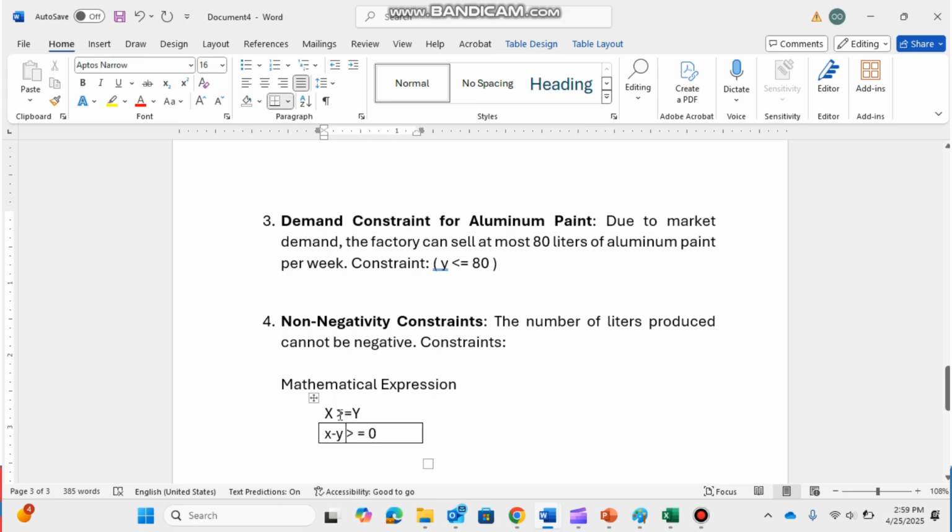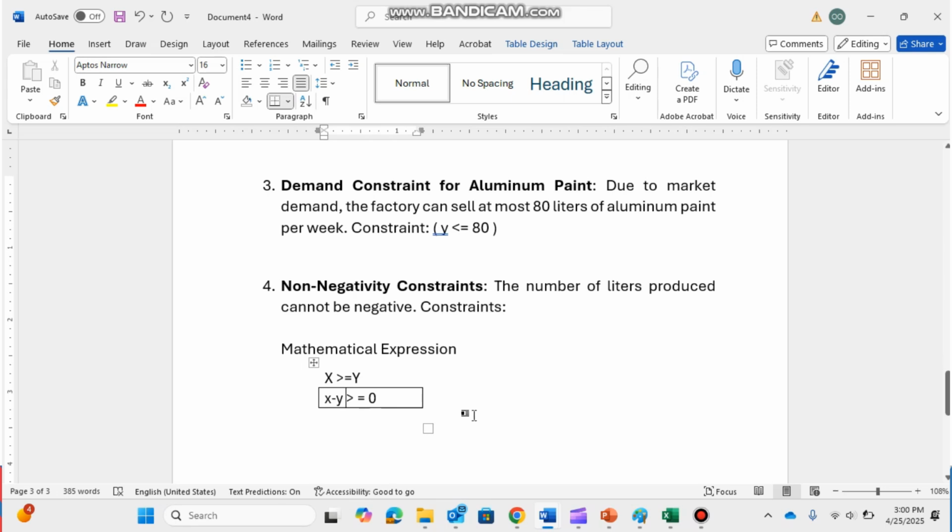So x is greater than or equal to y because it must not be negative. And we have the expression that says x minus y is greater than or equal to 0. So every value of this is greater than 0. It could be 1, but it cannot be negative. So we have this expression as the non-negative constraint.